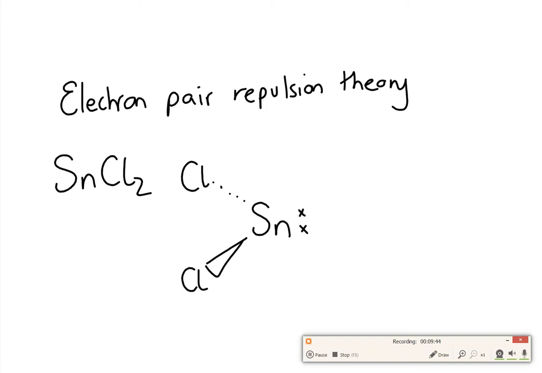Rather than that linear structure, we still have the bonding pairs of electrons trying to be as far away from each other, but because of that lone pair repelling a little bit more, we've also pushed our bonding electrons a little bit closer. So rather than seeing that linear structure that we saw in BeCl2, we now have this V-shaped structure with SnCl2 because of that lone pair.